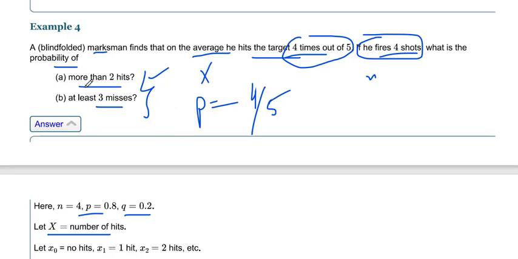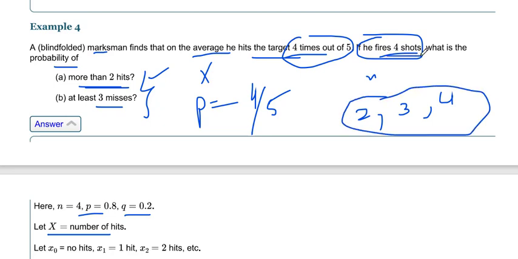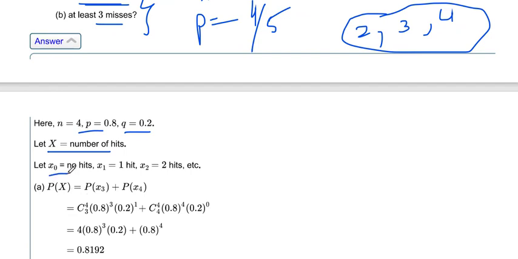Now, more than 2 hits. More than 2 hits means 2, 3 and 4. That we have to identify because he fires 4 shots. X0 is no hits, X1 is 1 hit, X2 is 2 hits and X3 is 3 hits, like that.